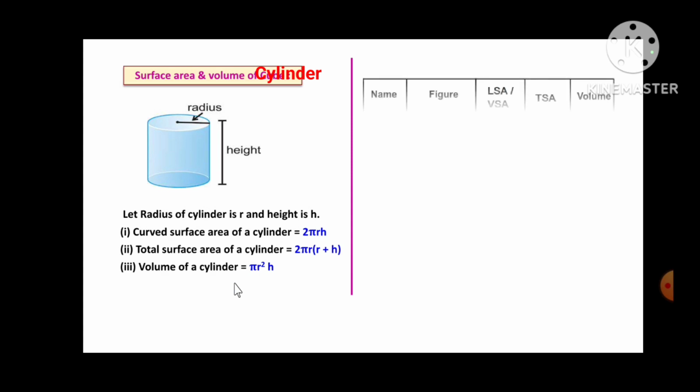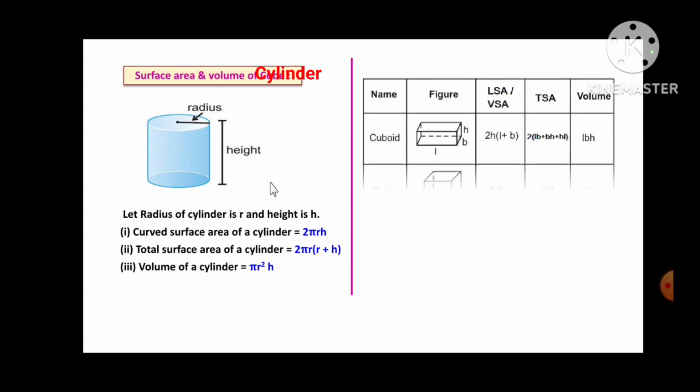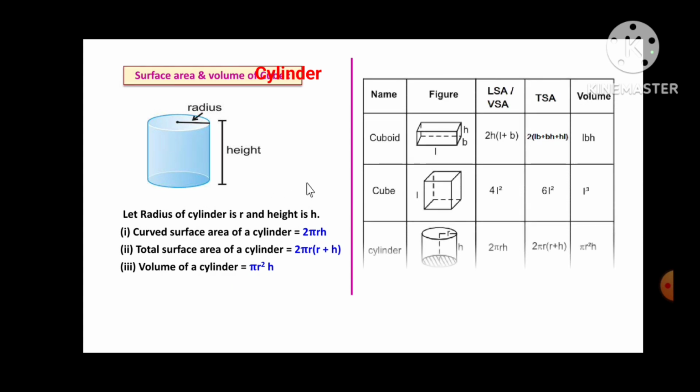Friends, all three, that is cuboid, cube and cylinder, can be summarized in this table. This table indicates the different three-dimensional figures cuboid, cube, cylinder, and which formulas are used to calculate the LSA, TSA and volume, that is lateral surface area, total surface area and volume.